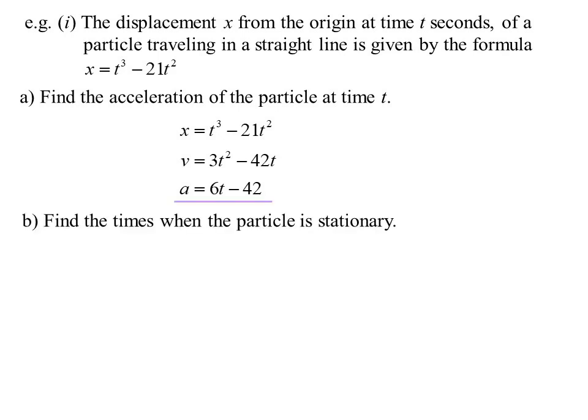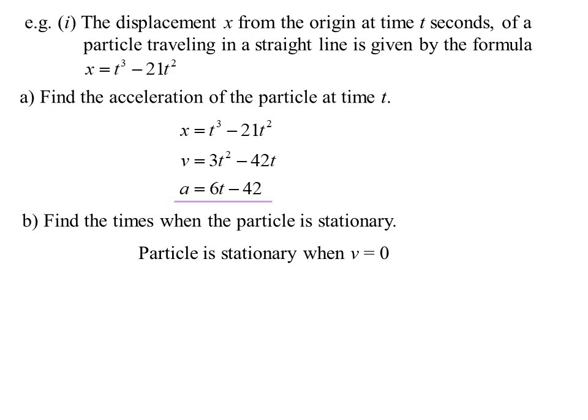Find when the particle is stationary. Well, when is it stationary? Stationary when it's not moving, velocity must be equal to 0, but also it ties in nicely with the language we use in calculus because it's the first derivative equals 0, which is stationary points. So we know it's stationary when velocity is equal to 0. Now when you're solving this problem, don't just say v equals 0, explain why it's equal to 0.